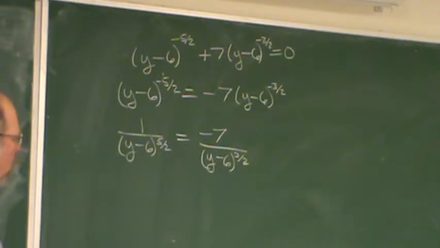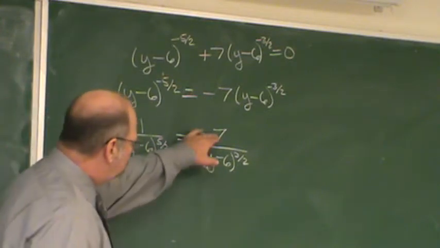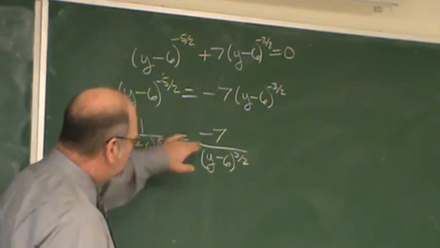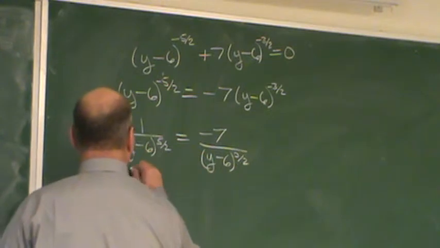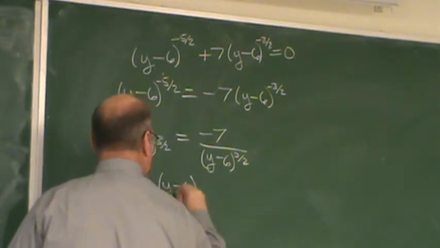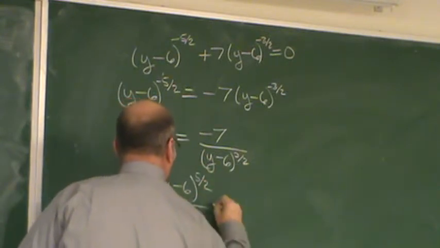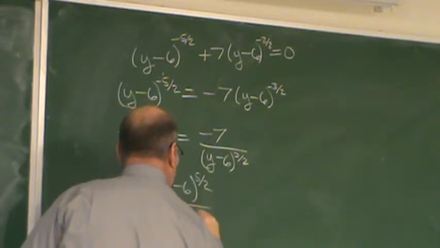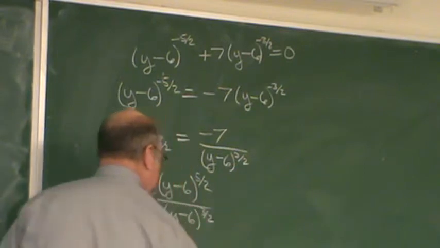Now, it's kind of like cross multiplication. Let's bring the negative 7 down here, let's take this up here. So we're going to get negative 1/7 equals y minus 6 to the 5 halves over y minus 6 to the 3 halves.